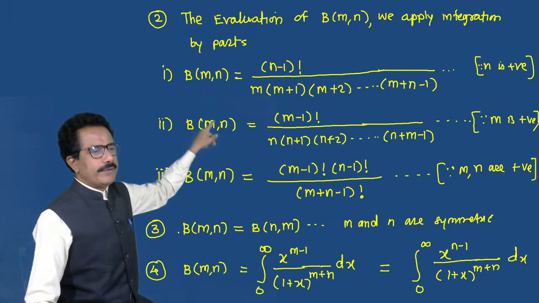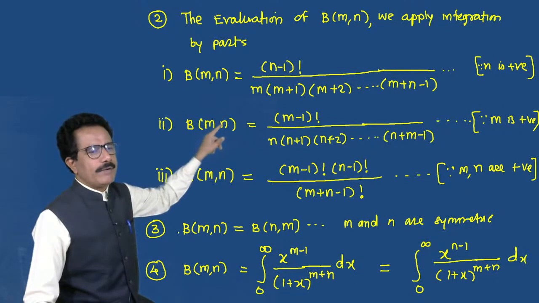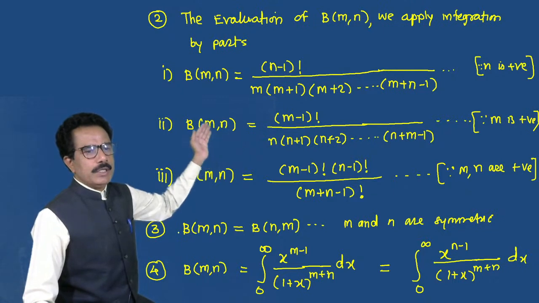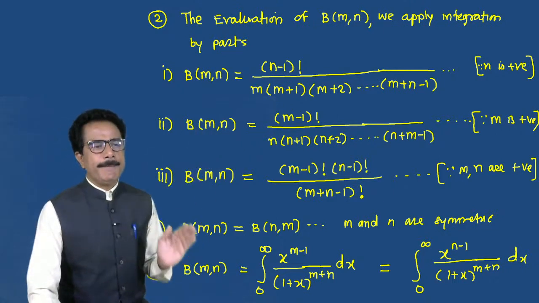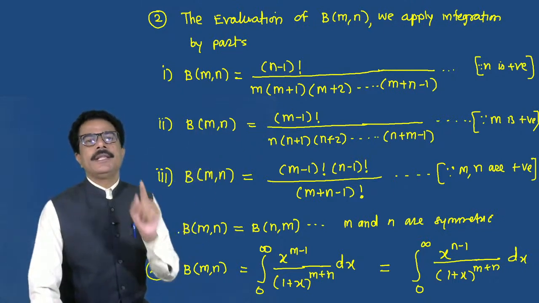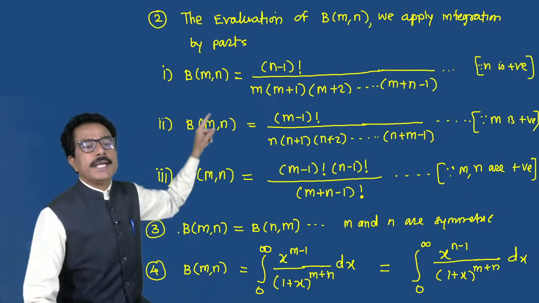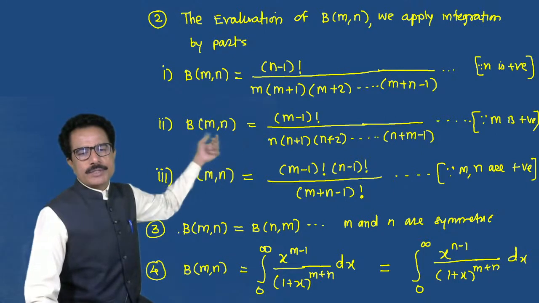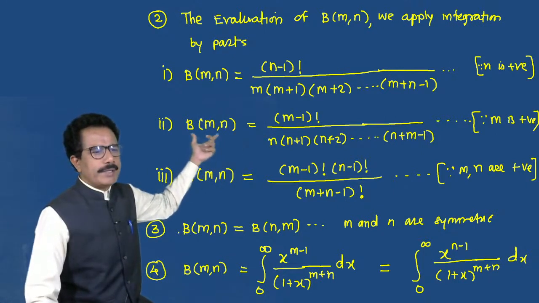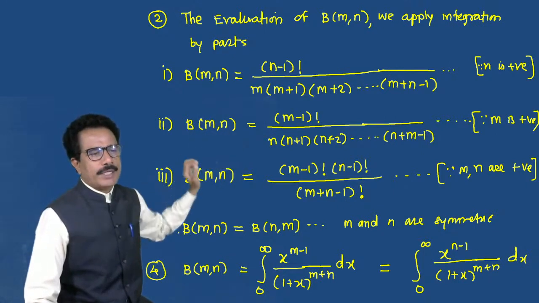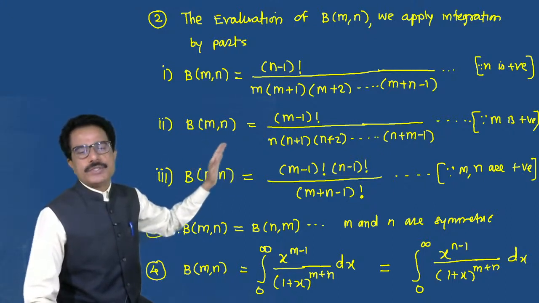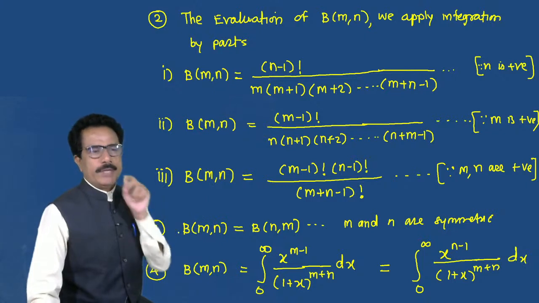First, beta of m comma n is equal to n minus 1 factorial divided by m plus 1, m plus 2, and so on up to m plus n minus 1. In this case n is positive. If we consider m is positive, then we can obtain the value of beta of m comma n as m minus 1 factorial divided by n plus 1, n plus 2, in this way up to n plus m minus 1.